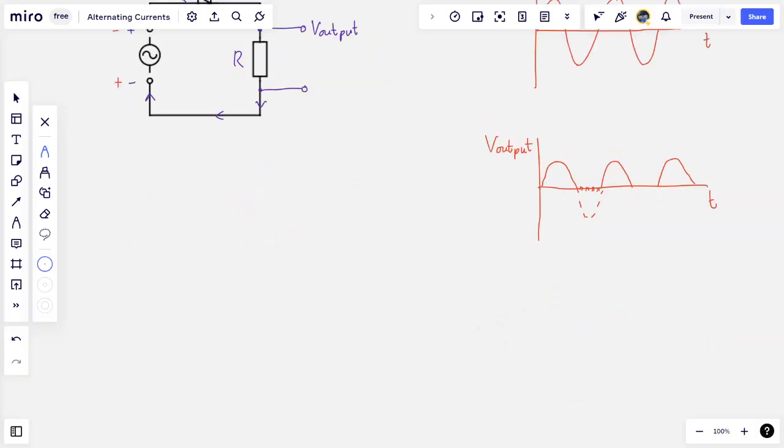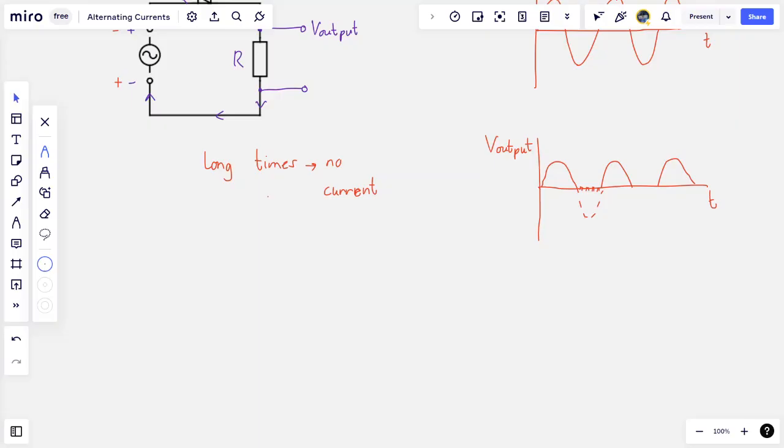And so the main problem with this is that there are long times with no current. So it's better than AC, but still not ideal. So there are long time periods where there's no current.